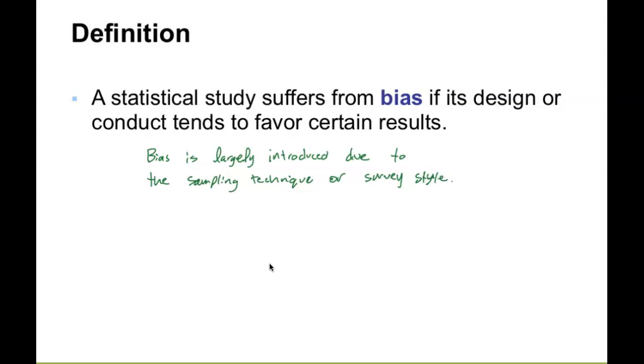So one thing you can do to account for that is make multiple versions of the survey where the questions are in different orders to avoid survey fatigue, right? But there's really no way to conduct a statistical study and completely eliminate bias. You're just trying to reduce it as much as possible.